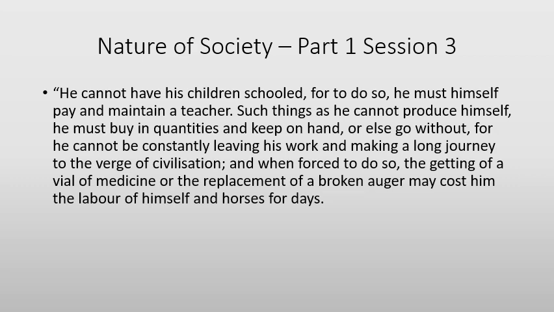Such things as he cannot produce himself, he must buy in quantities and keep on hand, or else go without, for he cannot be constantly leaving his work and making a long journey to the verge of civilization. And when forced to do so, the getting of a vial of medicine or the replacement of a broken auger may cost him the labor of himself and the horses for days.